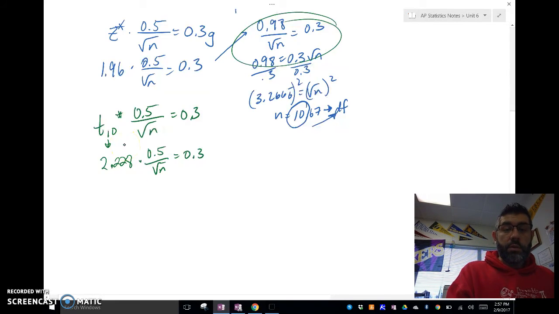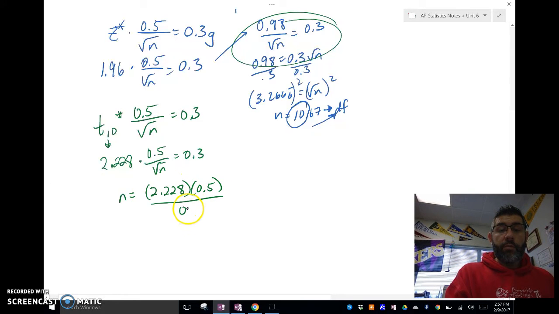So I'll have n equals 2.228 times 0.5 over 0.3, and I'll square that.